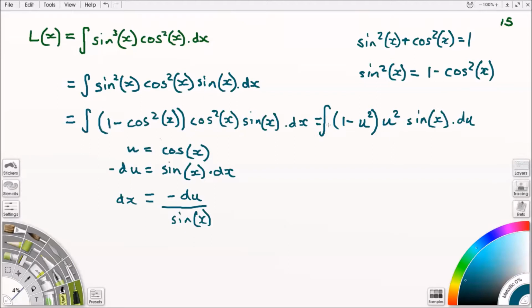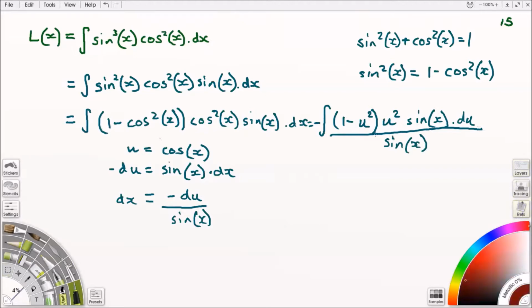And we can't forget that since we have the negative there, we need to carry that across. Since that's like a -1, we'll just bring that out the front here. Equals negative, and now all this, remember it was du over sine x.